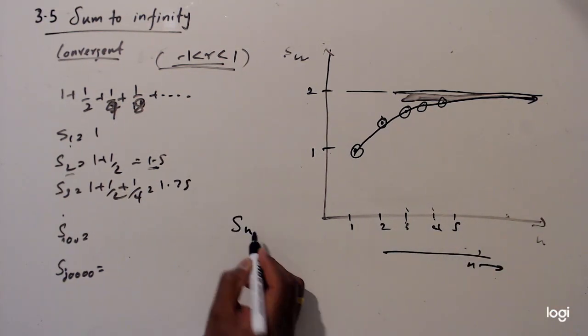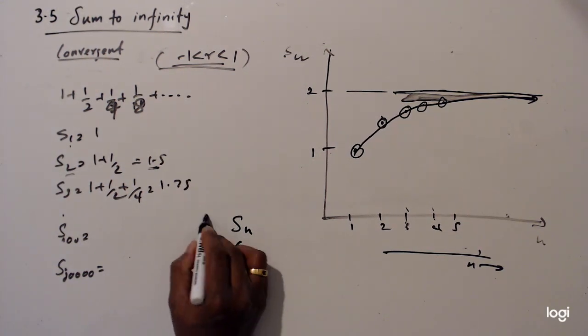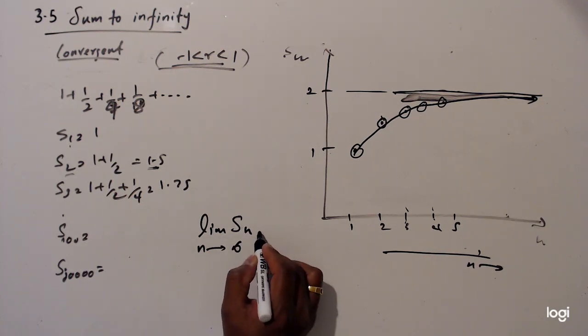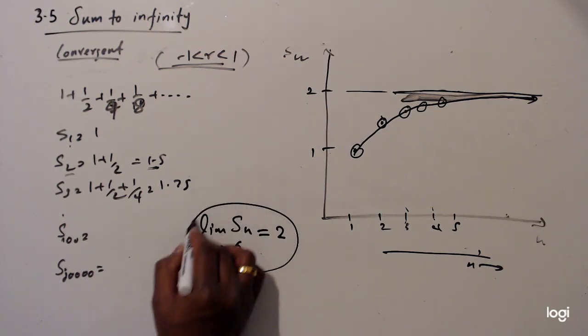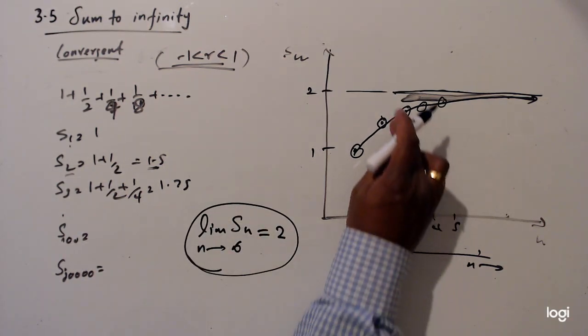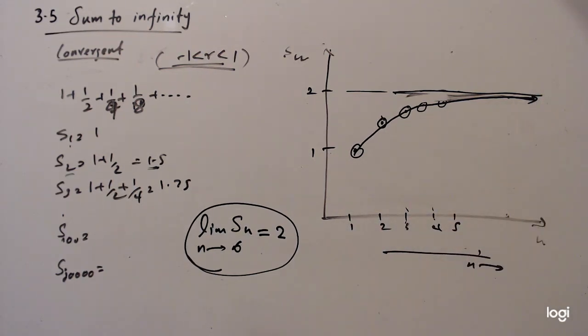Basically, when n goes to infinity, the limit of the Sn value is 2. So we can find this by looking at this graph: you can see that it is limiting to a value. It doesn't matter how you limit.